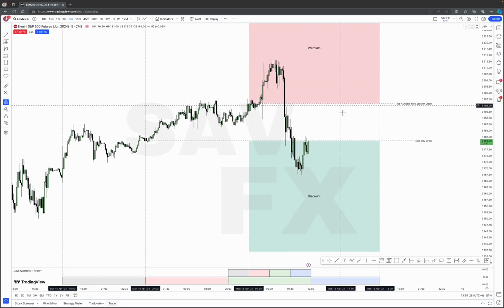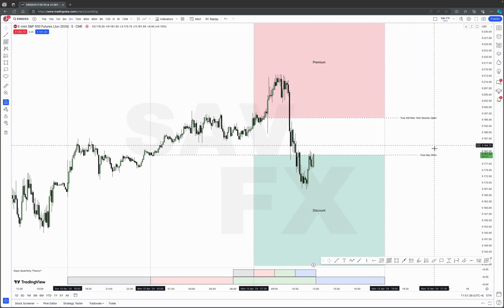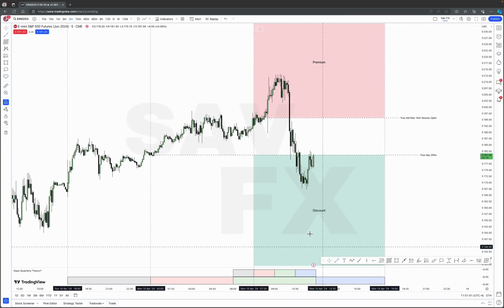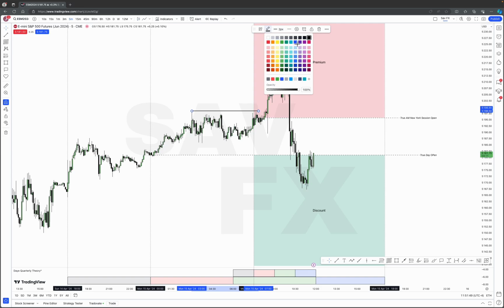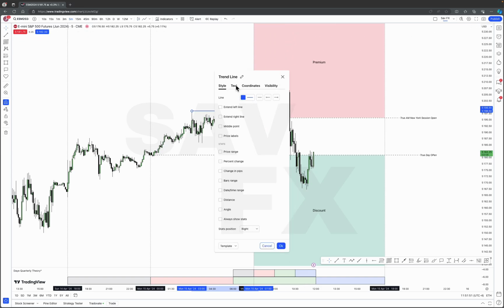So even as you can see, as soon as price went above both true opens, the true New York session open, the AM, and the true day open, price drew higher, swept the London session's liquidity, like we spoke about, but I'll be going into more details about that, right?